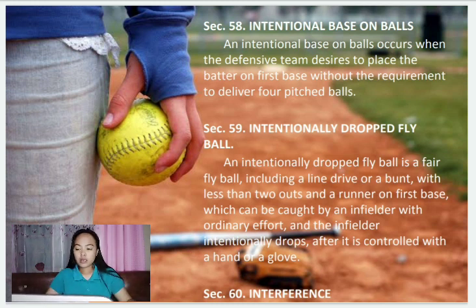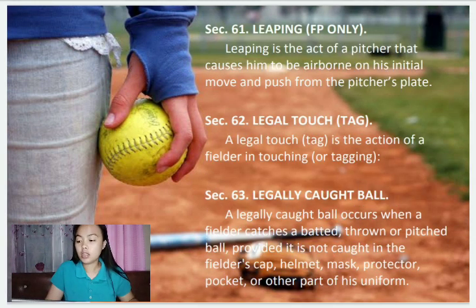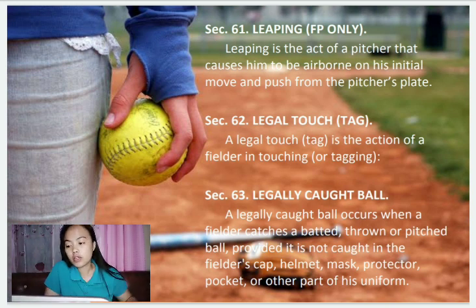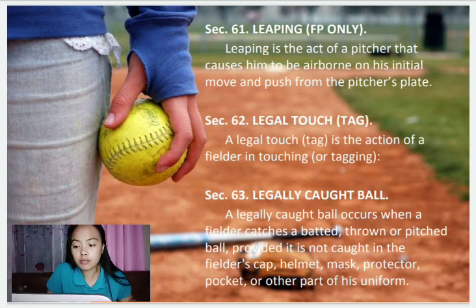Okay. Next section is section 61, the leaping. It is intended only for the pitcher. So, leaping is an act of a pitcher that causes him to be airborne on his initial move or push from the pitcher's plate. The momentum built by the forward movement of the pitcher causes the entire body, including both the pivot and stepping foot, to be in the air at the same time and moving forward to home plate.